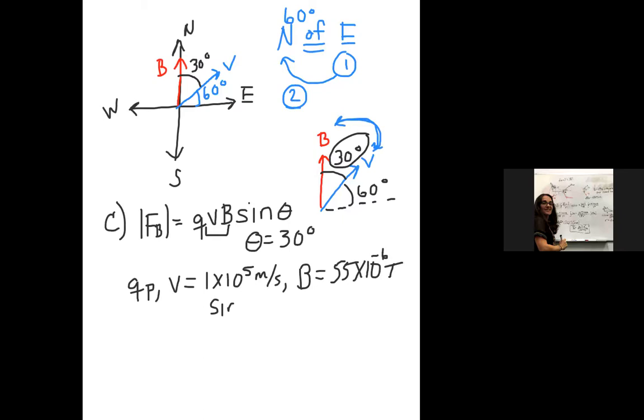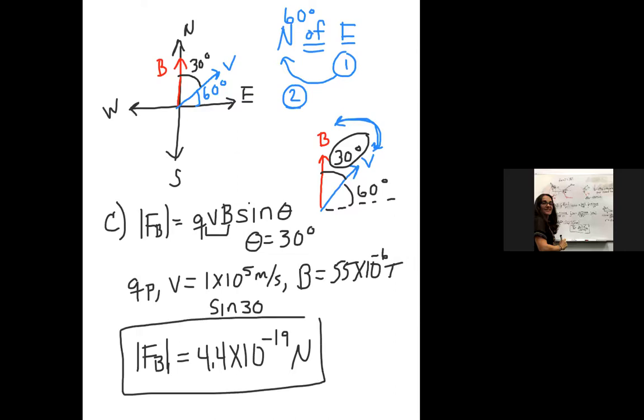And we get a magnitude for this force of 4.4 times 10 to the negative 19 newtons. That's the strength of it. Okay. So the strength got smaller, because the greatest strength is when sine of theta equals 1, which is when it moves perpendicular. So anything other than perpendicular is going to give you a smaller force.